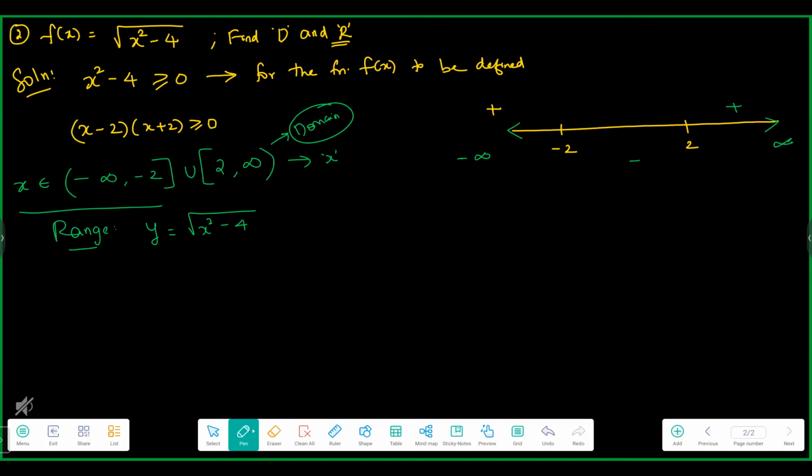So first I need to square it. y square is equal to x square minus 4, which implies x square is equal to y square plus 4. Accepted. x square is equal to y square plus 4. So this implies x is equal to plus or minus square root of y square plus 4.